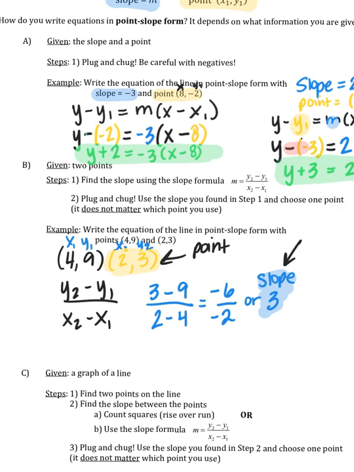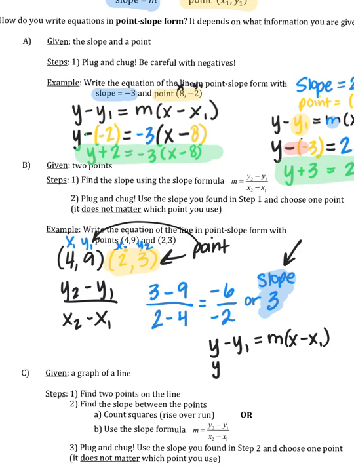So now I can use my formula: y minus y1 equals m times x minus x1. I can plug in my points, and it doesn't matter. I could have used this point if I wanted to. I just chose to use that second one.